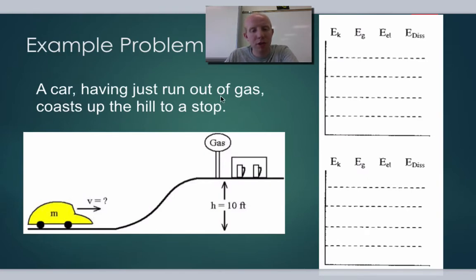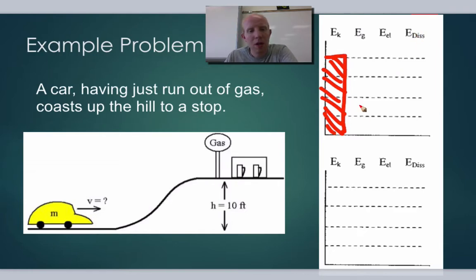So here's our example problem. A car, having just run out of gas, coasts uphill to a stop. To start with, what type of energy does this system have? Well, if we're going to fill it out, let's say that it starts with all kinetic, E sub k, meaning kinetic energy. We don't have any gravitational or potential energy. We don't have any spring or elastic energy, and we haven't lost any energy to friction.